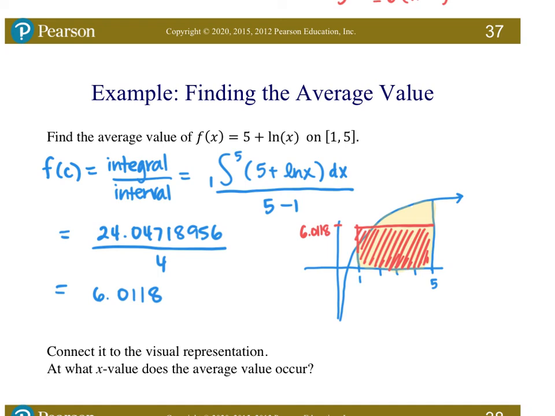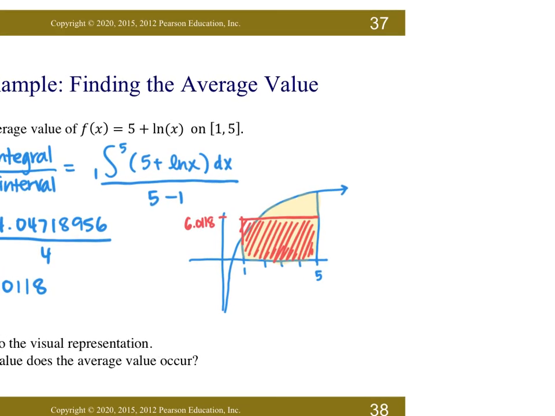All right, and now we're going to solve. 6.0118 set equal to where it crosses the function 5 plus the ln of x. So we're going to subtract 5 from both sides. That'll give me 1.0118 equals the ln of x. And then we want to get x by itself by applying e on both sides.